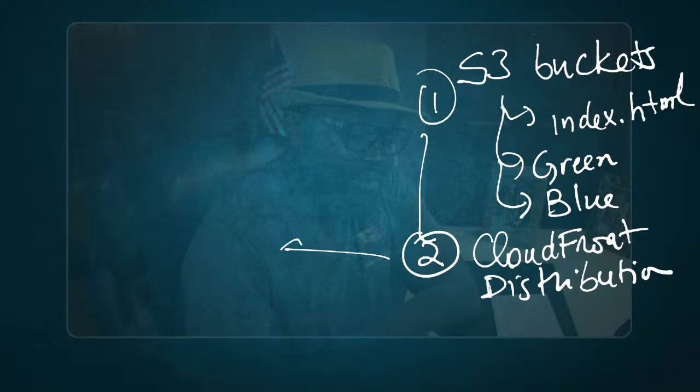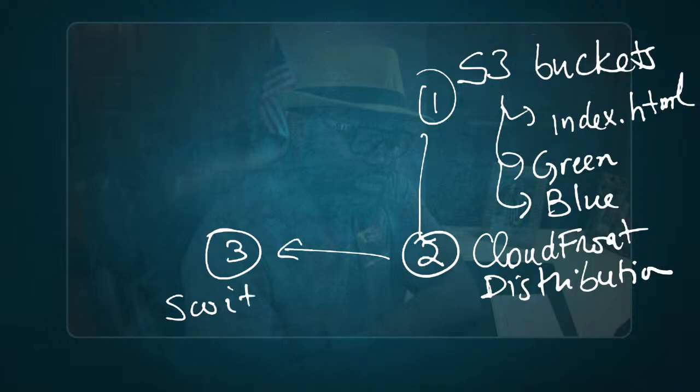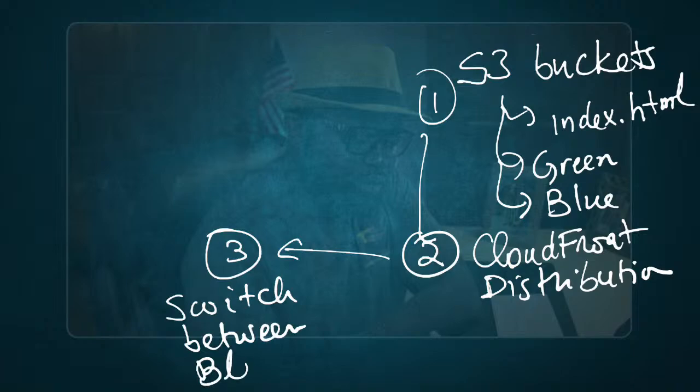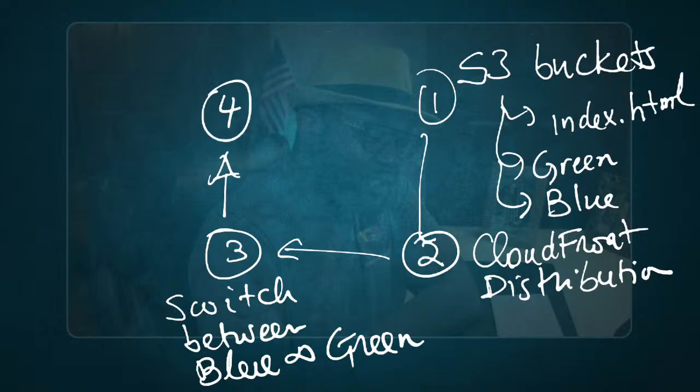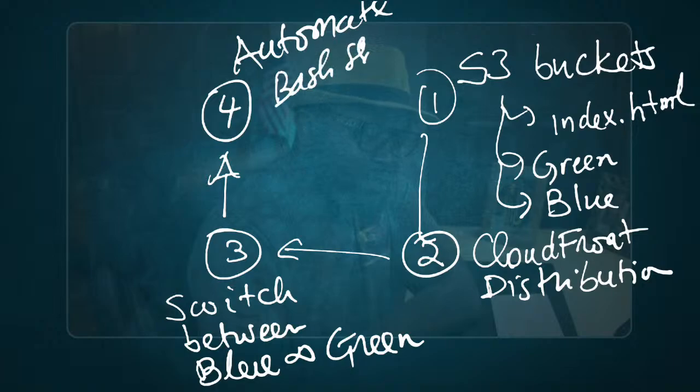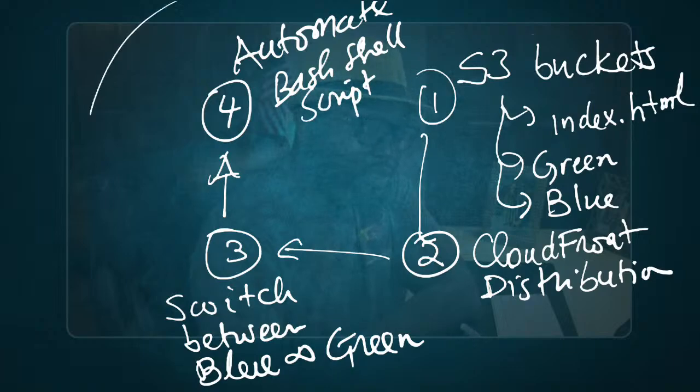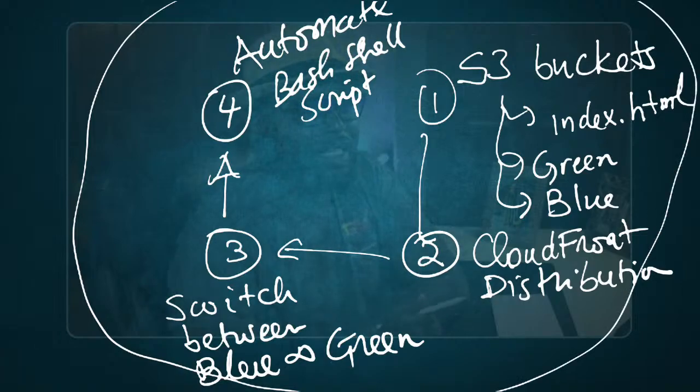And then number three, this is where we set the switch between blue and green. And number four, you can automate, like what we did with the bash shell script. So this is the concept.